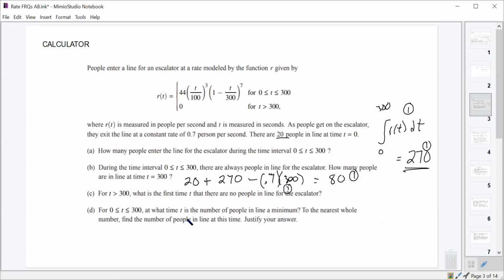All right, part C, for t greater than 300, what is the first time that there are no people in line for the escalator?